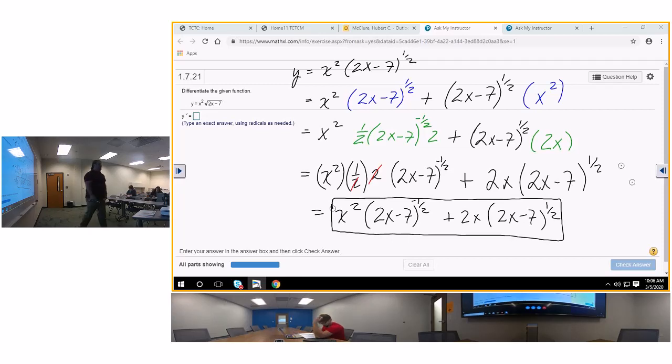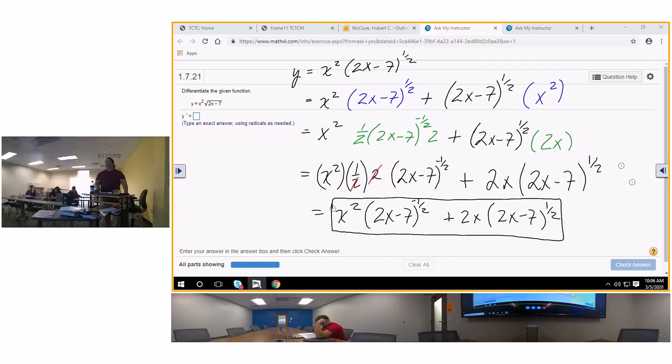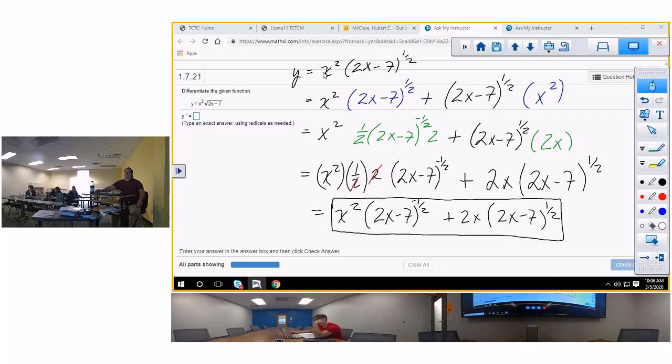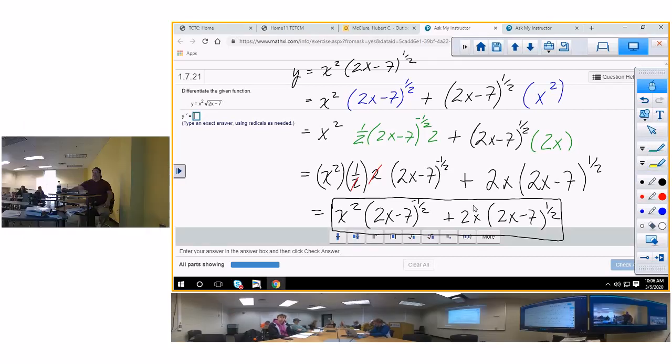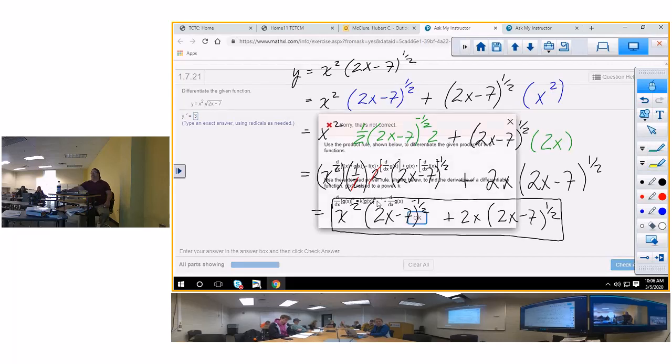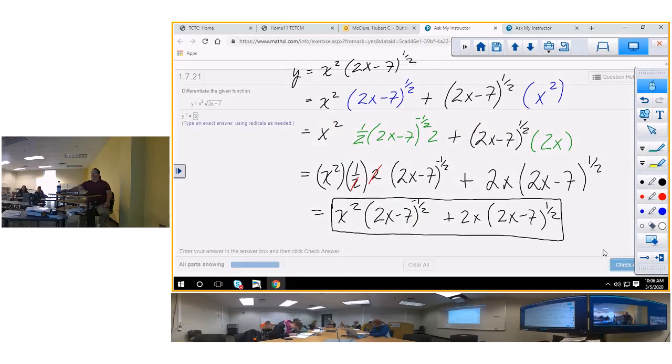I'm going to look and see what they did, and if I need to do it, I'll do it, but there's several different answers you could have there. I think they're probably going to factor out the negative 1/2 power, but I may be wrong. They may not even do anything.